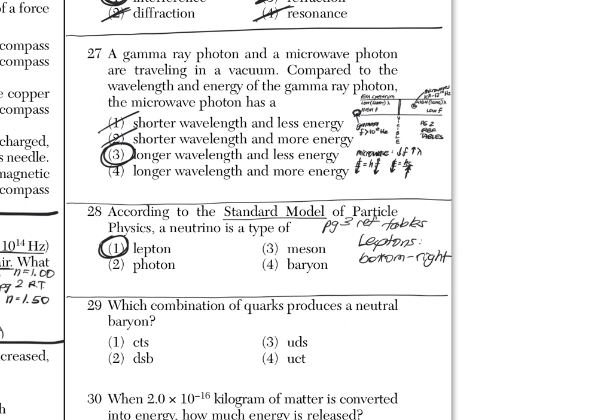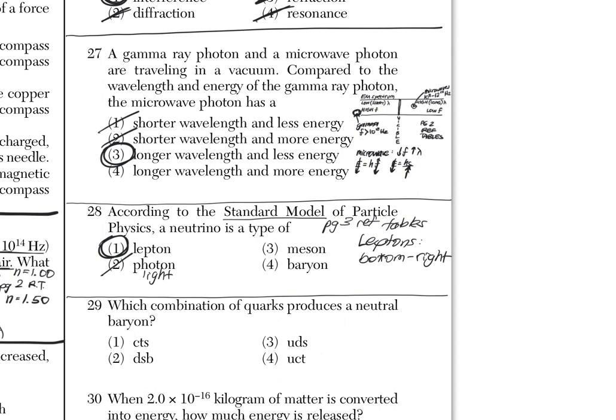Leptons you cannot find in the nucleus. They do not interact through the nuclear strong force, so they'll never be in the nucleus. A famous example of a lepton is the electron. Now, a photon is a particle of light that has no mass, so a neutrino is not a photon. Photon would be light, so not 2.